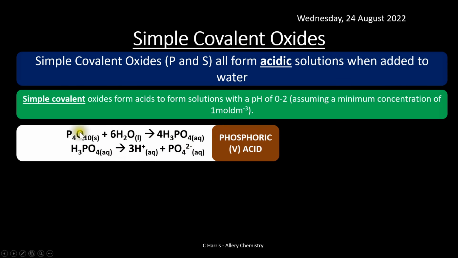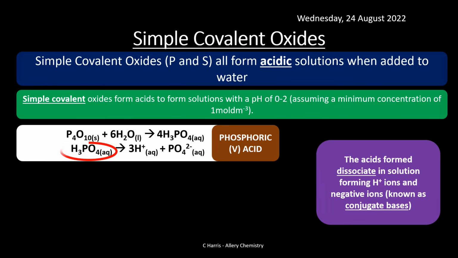So it reacts with the water to form that, and then that dissociates to form your protons, or your hydroxonium ions, which is H3O+ in reality, and that's what makes it acidic. So just be aware of how that's formed, and then the acid dissociates to form that, because that's what they'll be looking for. Okay, they're always aqueous, remember.